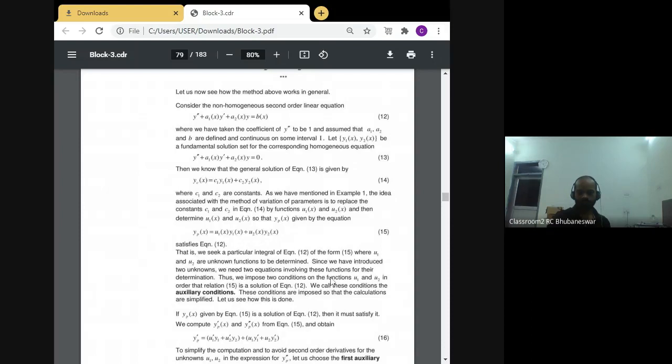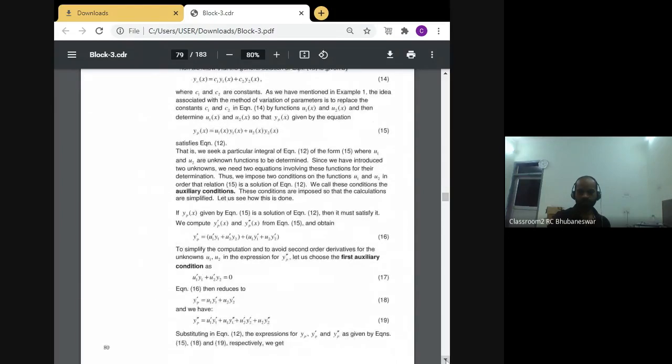Now the rest of the calculation procedure is to calculate the derivative of this Yp. The derivative of Yp with respect to x has been written in equation number 16. Here we collect the derivative of u1 and u2 in the first term, and in the second bracket we collect the derivative of y1 and y2.